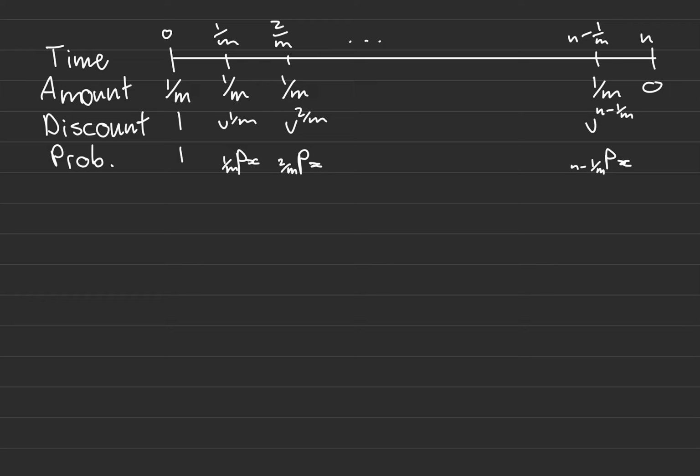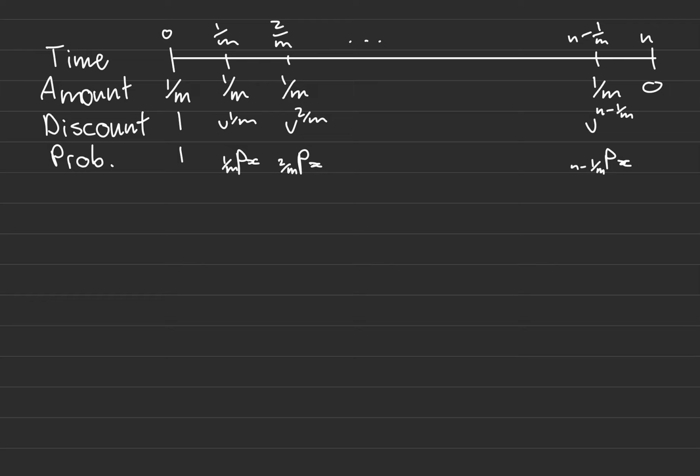Okay, so the way to understand this is per year there will still be a unit payment. We're still assuming that there's a unit payment per year. And so in previous videos, when I talked about annuities that are payable in advance or in arrears or continuously, there was always one payment in that year, and that payment was of size 1.